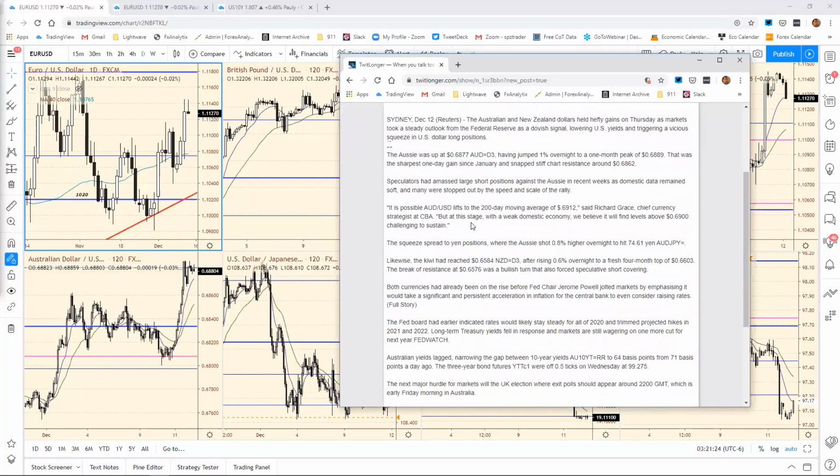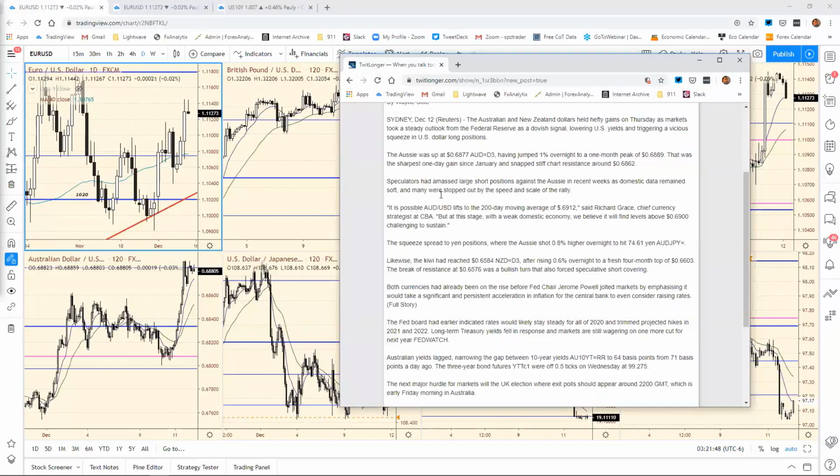Aussie was up at 68.77, having jumped 1% overnight to a one-month peak of 68.89. That was the sharpest one-day gain since January and snapped stiff chart resistance at 68.62. Remember, I had my chart resistance at 68.65, and I wasn't even sure we'd get past, which was going to be a key daily close, 68.67, but sure enough, they did.